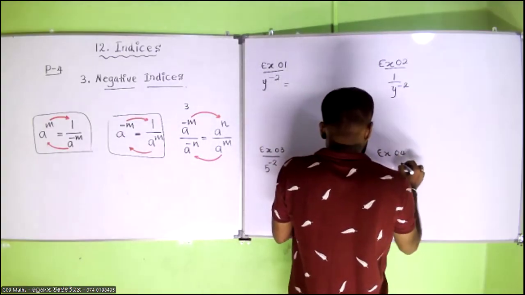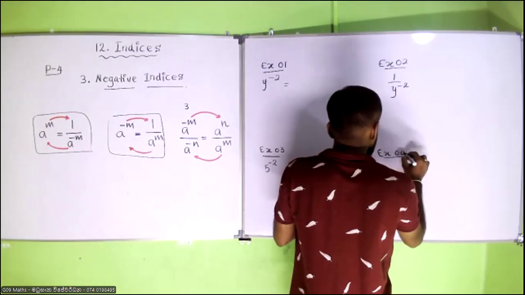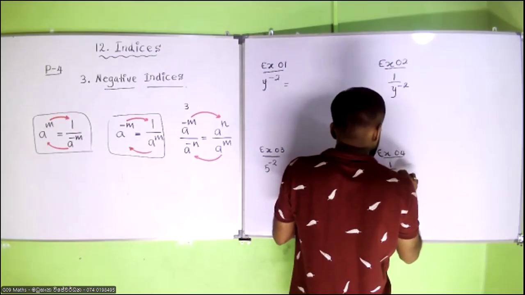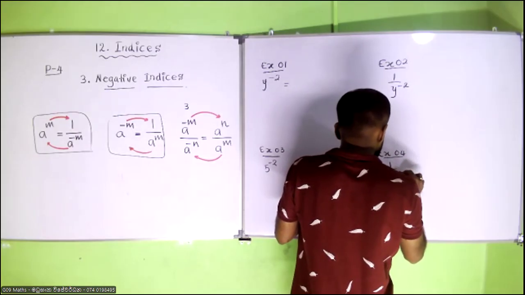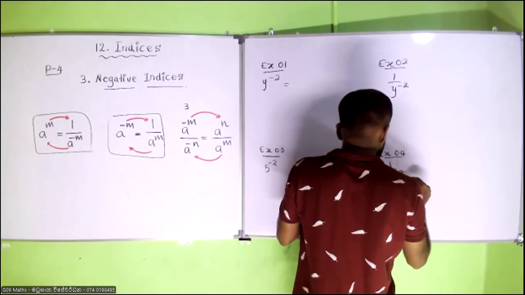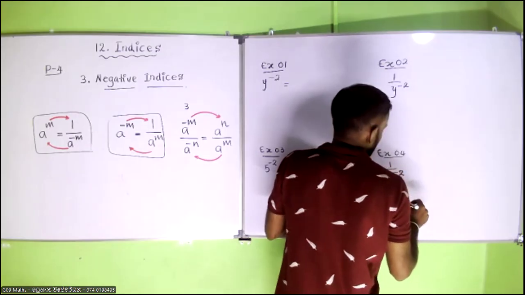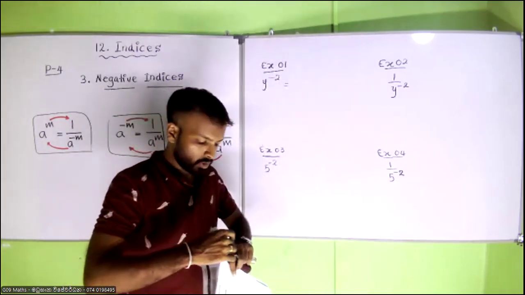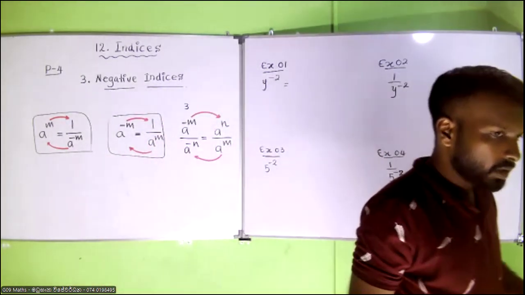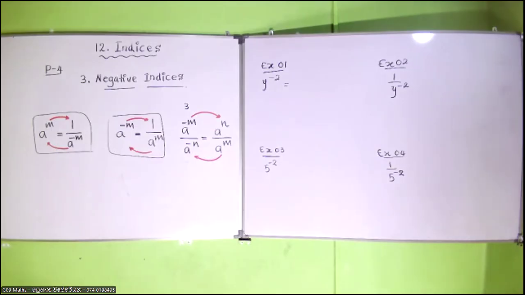Example number 4. 5 to the power -2. Always you have to obtain the positive power. Reciprocal, opposite sign. Reciprocal, opposite sign.